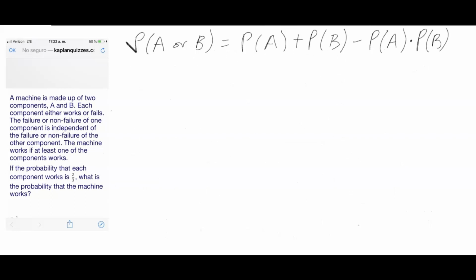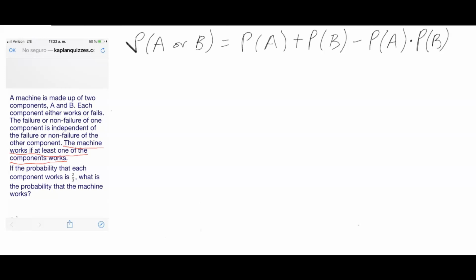The reason why I am using the probability of A or B is because right here in the problem, it says the machine works if at least one of the components works.